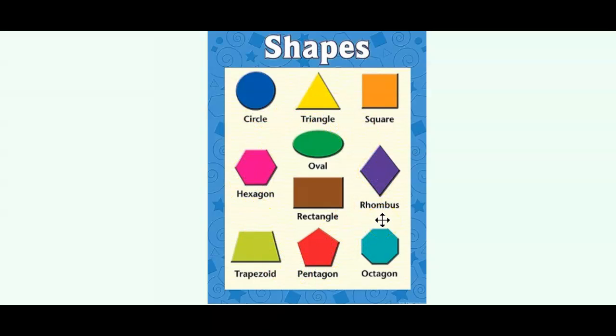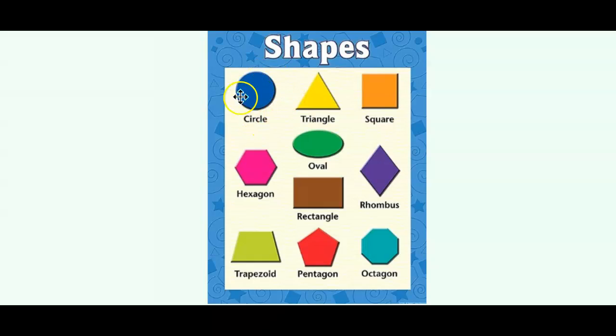Are they all quadrilaterals? No, they're not all quadrilaterals. Can you pick out some shapes that are not quadrilateral and tell me why? Pause the video and see if you can find shapes that are not quadrilaterals.